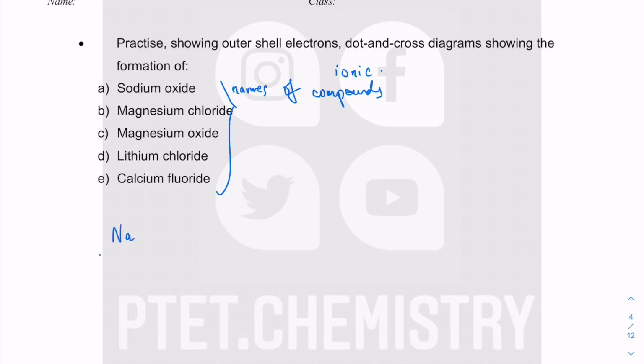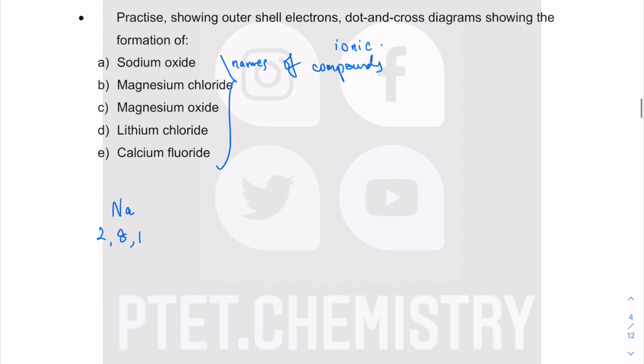So we know sodium is 2,8,1, from group 1, period 3. When it likes to form ions, it just loses the outermost shell electron and you get 2,8. And then of course oxygen atom is 2,6, so group 6, period 2. When it wants to gain 2 electrons, that is the easiest for it.